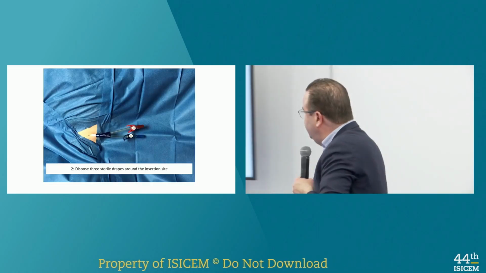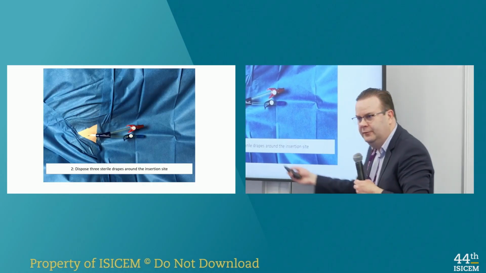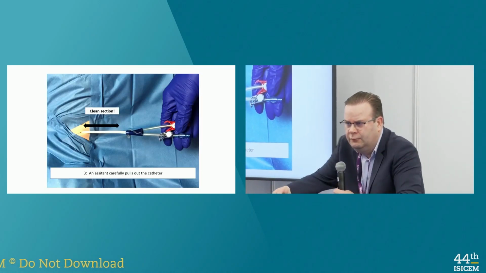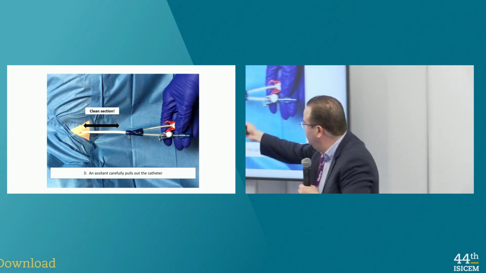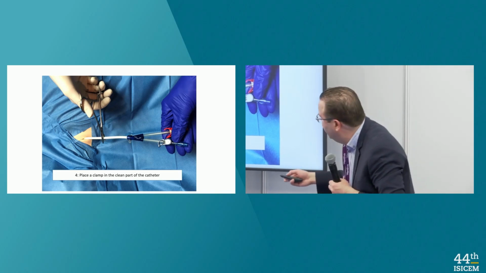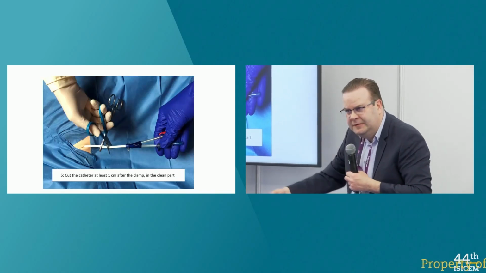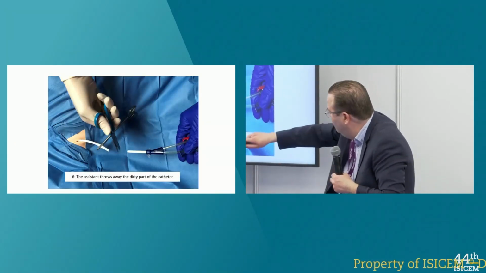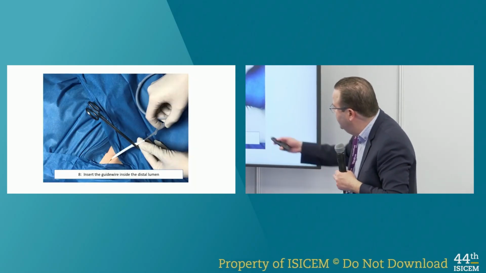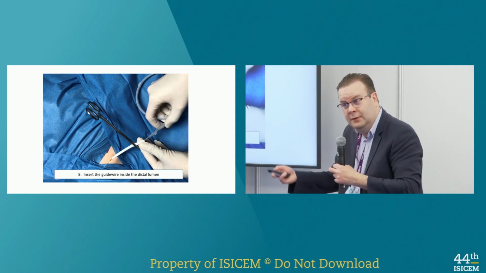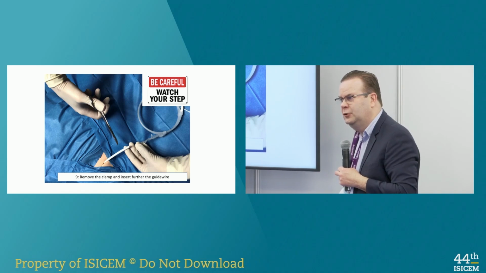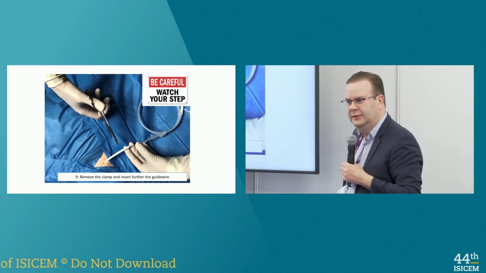So this is dirty, right? You all agree? So this is a dirty hand. This is my nurse. We remove a little bit and this is a clean section. Then my left hand, which is clean, I clamp here. I cut the catheter here. All the dirty part is getting away. I place a new drip here. And then I put the guide wire in a clean section. So I don't put bacteria inside the circulation.